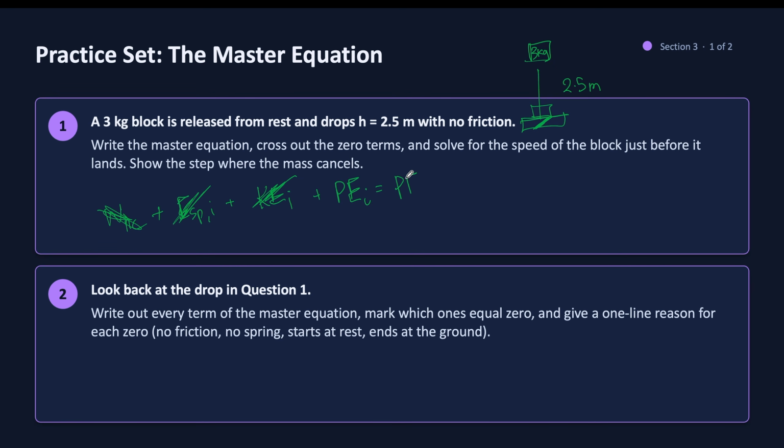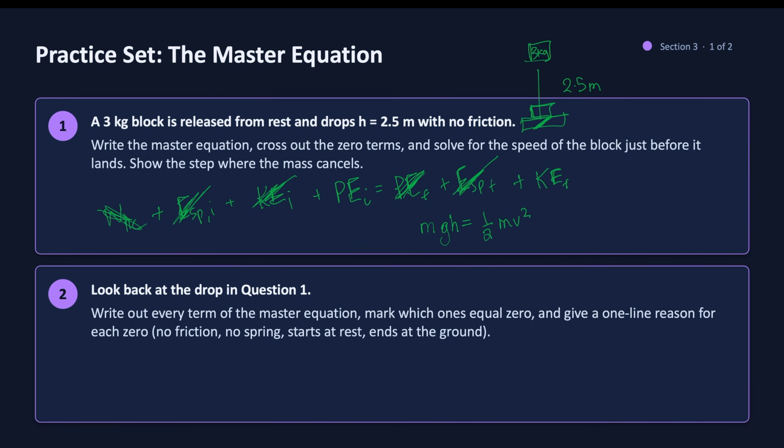So potential energy final is 0. Energy spring final is also 0. There's no springs. And kinetic energy final is not 0, because it has a speed when it lands. Potential energy initial is mgh, is equal to 1/2 mv squared.